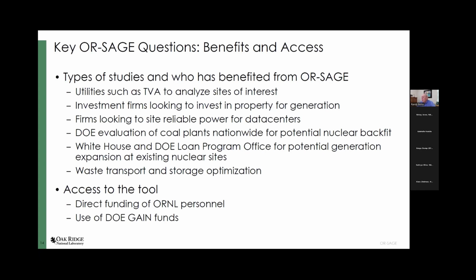In 2022, we did a major nationwide study of coal plants. This is where GAIN put the spotlight on the ORSAGE tool, really the results of this coal to nuclear study that we did back in 2022. Last summer, the White House and the DOE Loan Program Office wanted us to look at the potential for generation expansion at all the existing nuclear plants in the country, so we did a study for them.